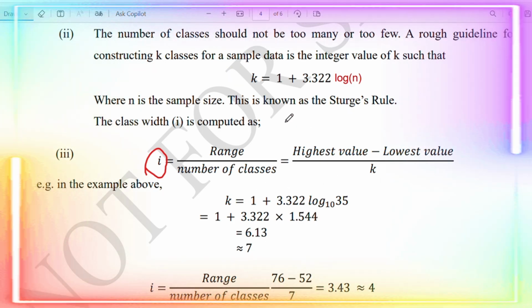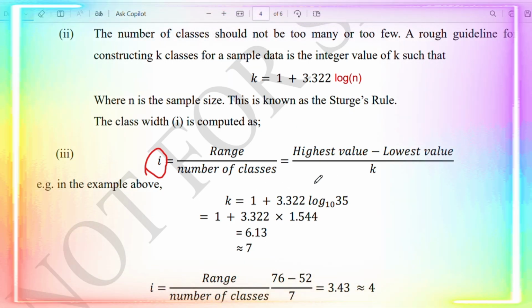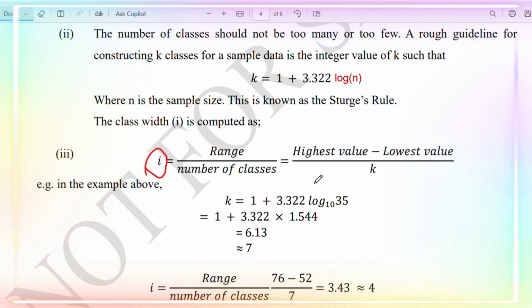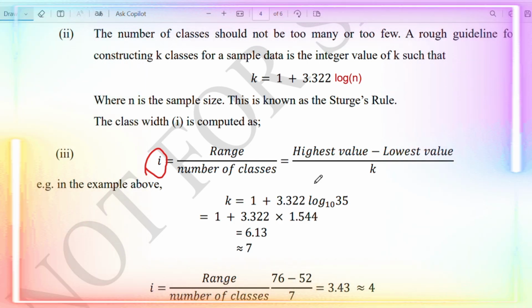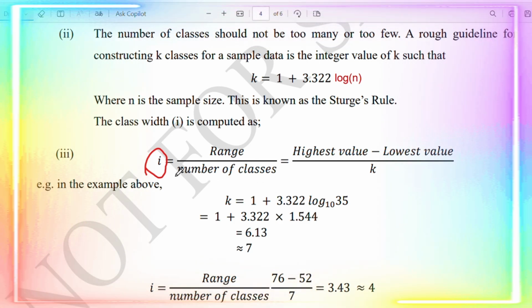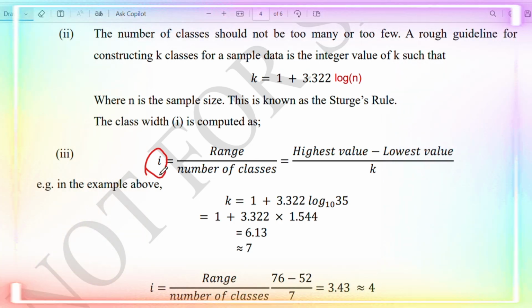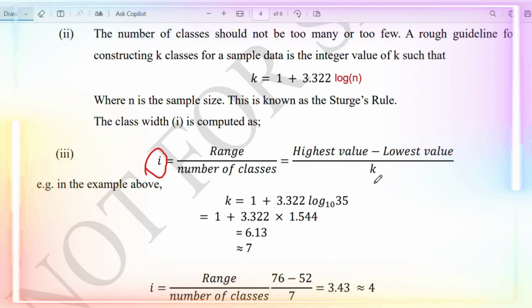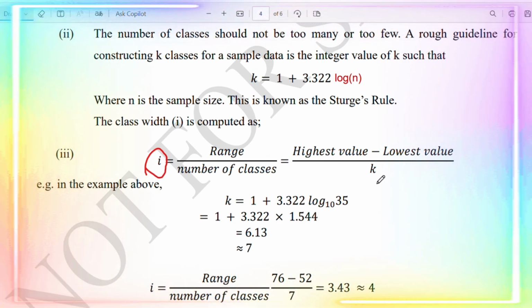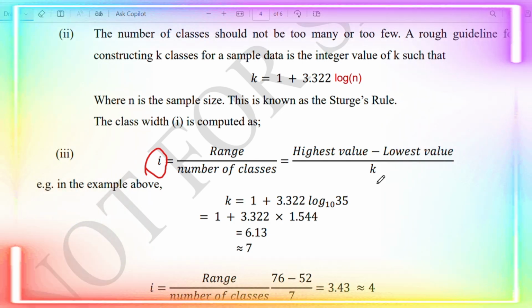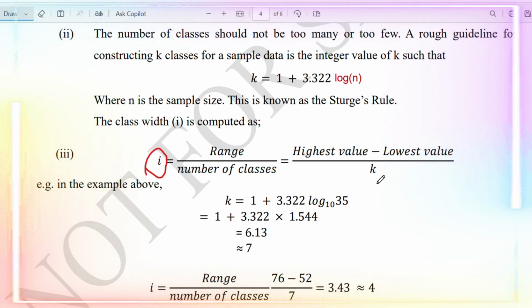Now, if we determine the number of classes we want to use, we can easily construct the class size using this: I is equal to the range divided by the number of classes that we want to have.